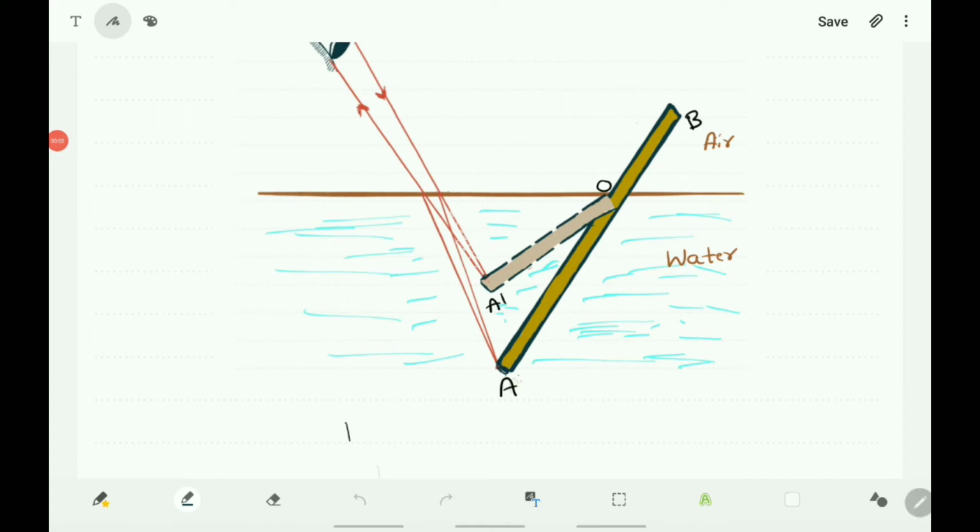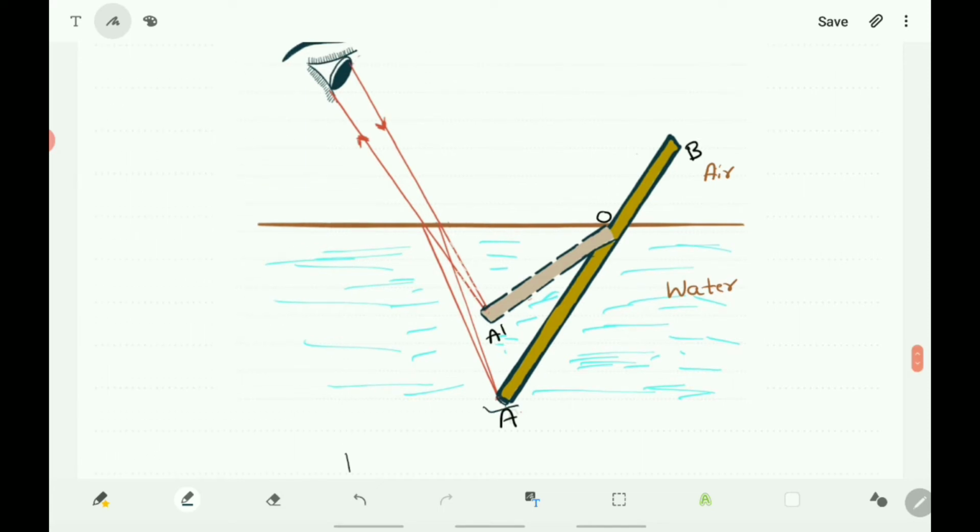See this case here. When the pencil is immersed in the water, the light must come from the point A. Then you can observe the end of the pencil at point A. But here the light appears to come from the point A dash.